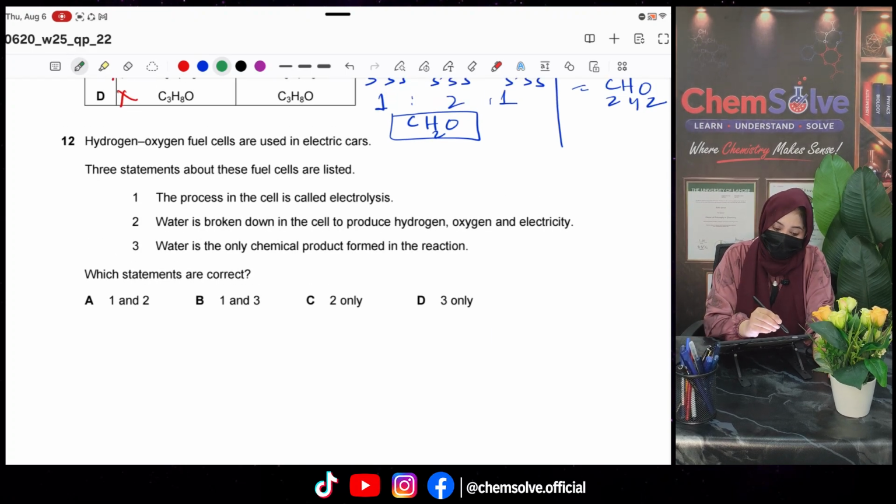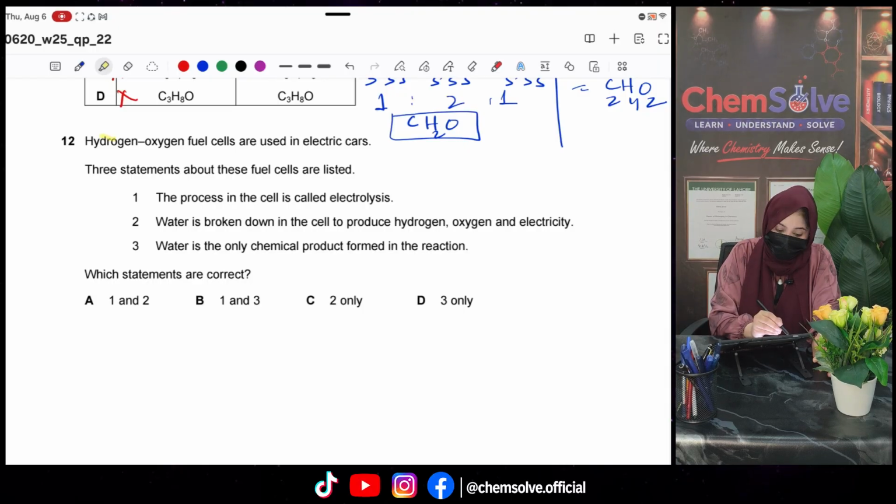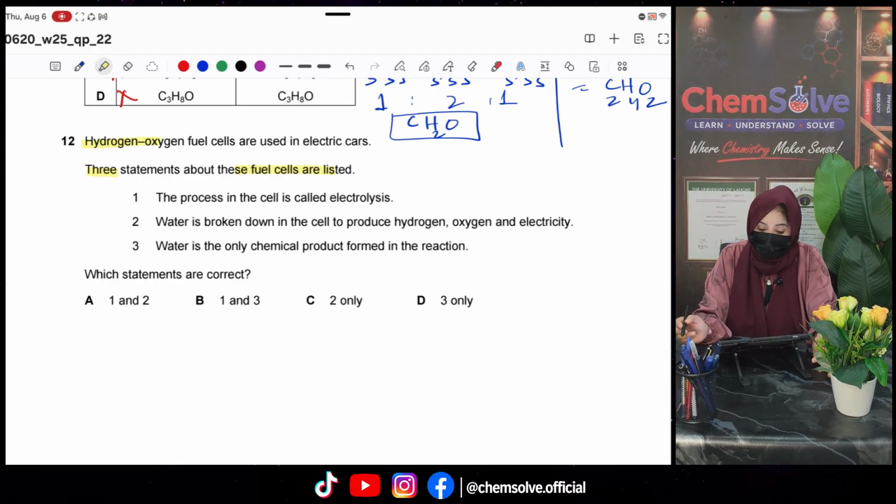Okay, so now the next question is question number 12. For question number 12, hydrogen-oxygen fuel cells are used in electrical cars. 3 statements about these fuel cells are listed. So we have to choose the correct statement that will lead to the correct option.